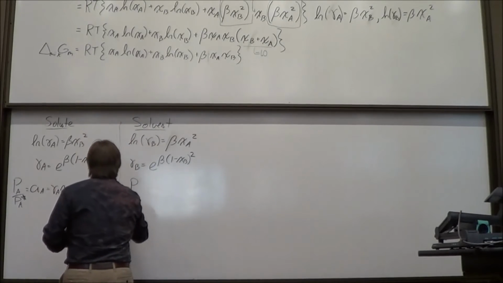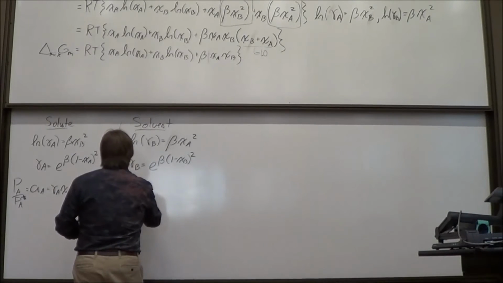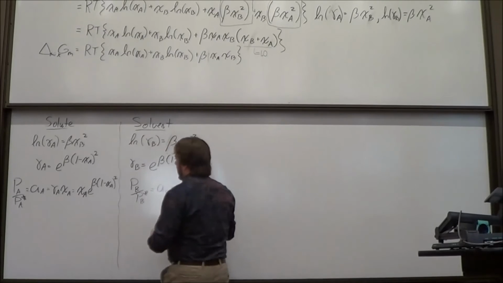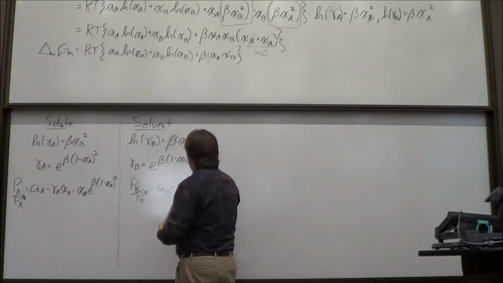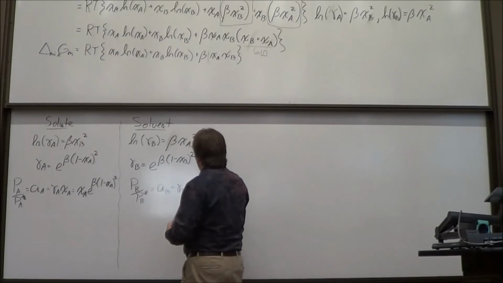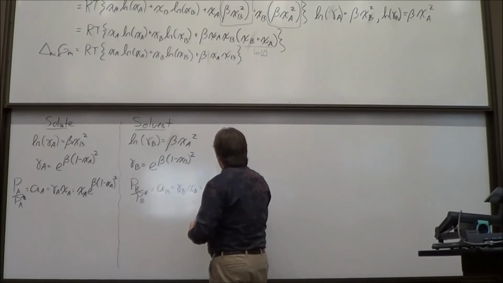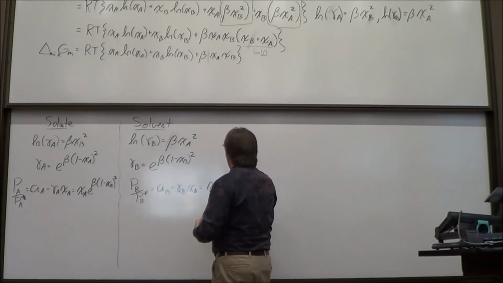So this is the activity of B. This is the correction factor of B times the mole fraction of B. Now I've got a good theoretical description of the gamma factor.